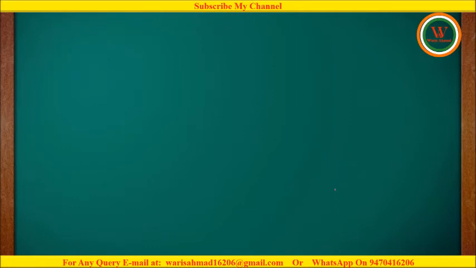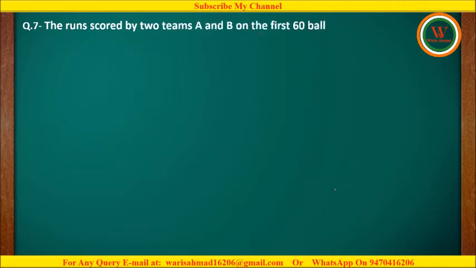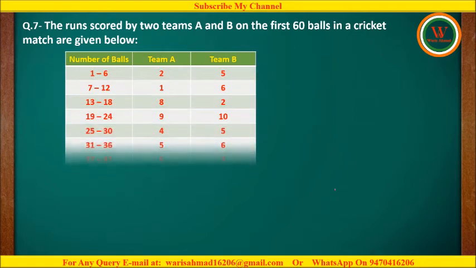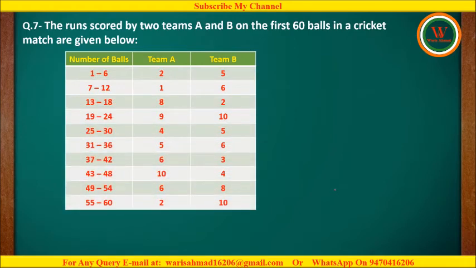Now let us have question number 7 of the same exercise. The runs scored by two teams A and B on the first 60 balls in a cricket match are given below. So let us consider the data. Number of balls, team A, team B. The number of balls is 1 to 6, and the runs scored by team A is 2, and the runs scored by team B is 5.